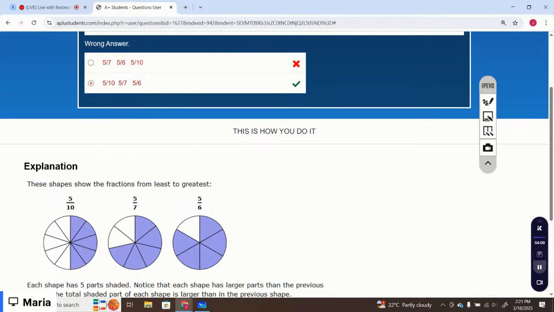You can see here, they have exactly the same shape. 5 by 10 is the one that has the smallest portion colored, then you have 5 by 7 and then you have 5 by 6.